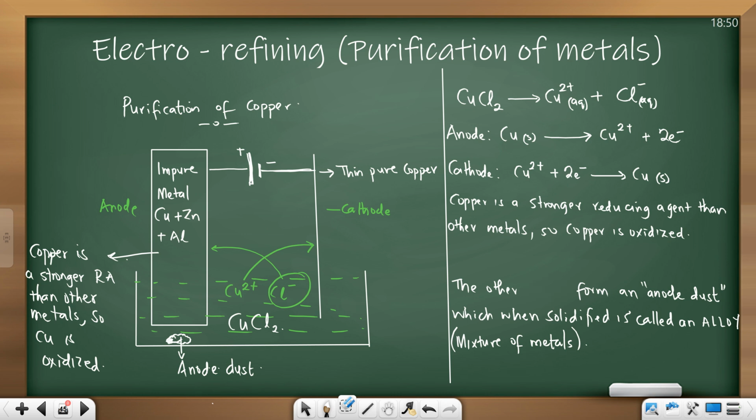The other metals, let's remove the word cations. The other metals form an anode dust, which when solidified, actually it's still a solid, which when solidified is called what? An alloy. Okay, so it's a dust, but which when made into a real solid forms what? An alloy. Please just quickly fix that note for me there. We don't want them to form ions.